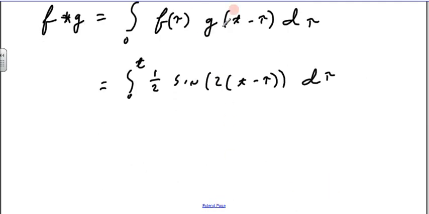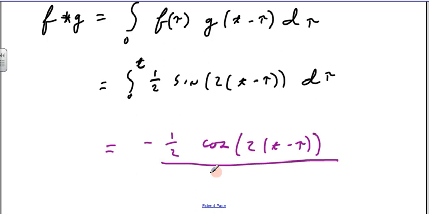Okay, so that's going to be minus 1/2 cosine of 2 times (t minus tau) divided by minus 2, because the t is not the independent variable, the tau is, so there's a minus sign there, so that's why it's minus 2. Evaluated at 0 and t.